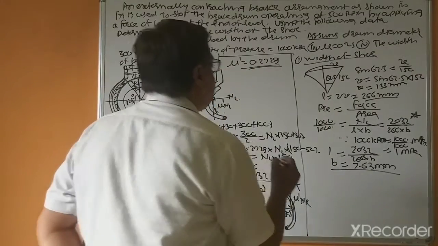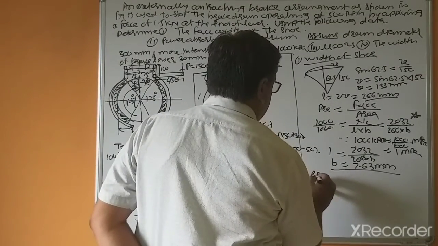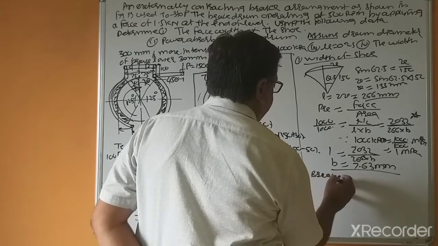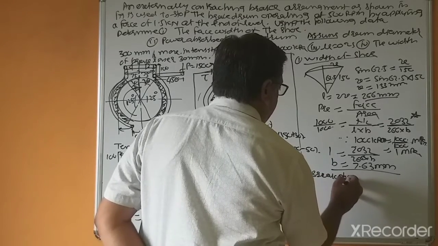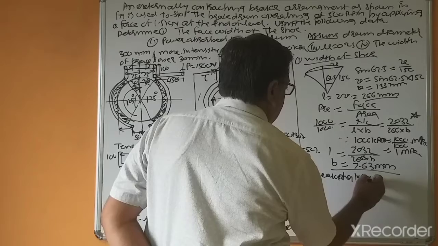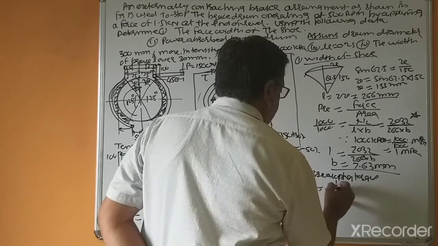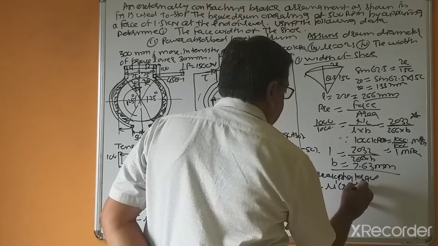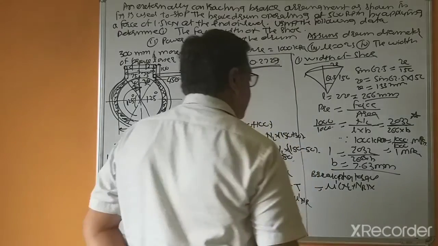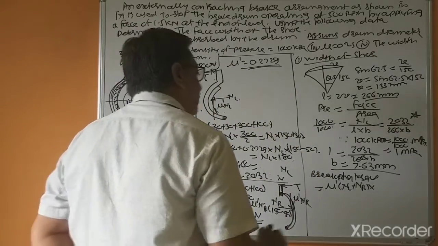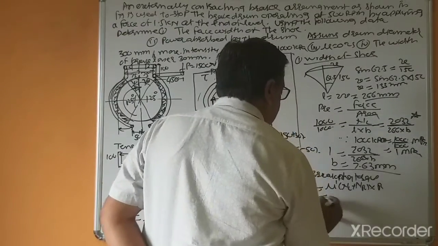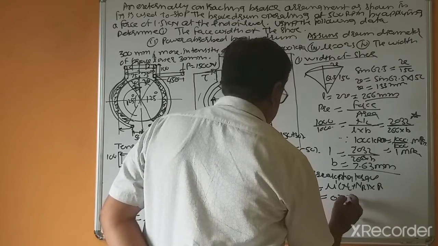Right, and last bit, braking torque equal to mu dash NL plus NR into radius. This is 0.27.